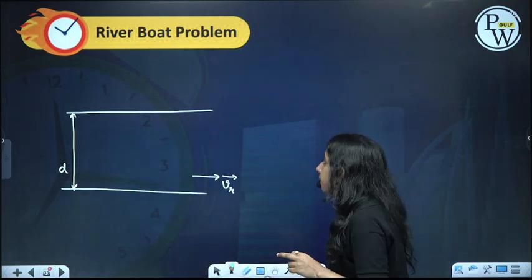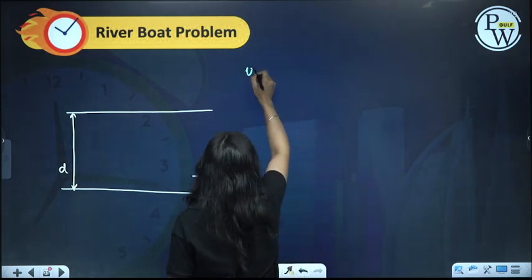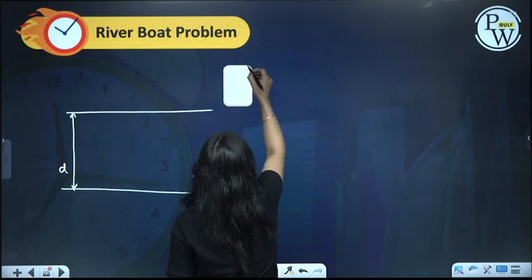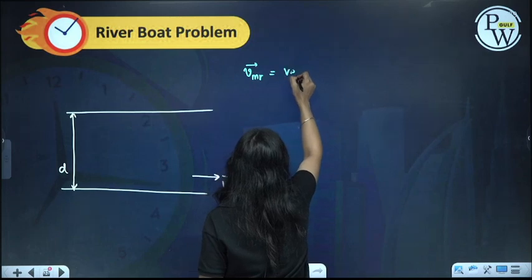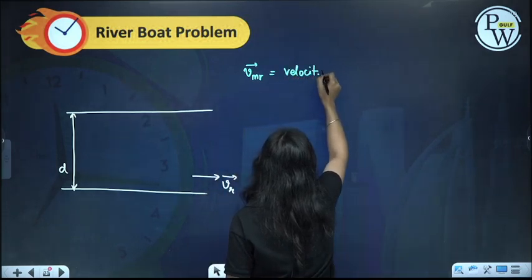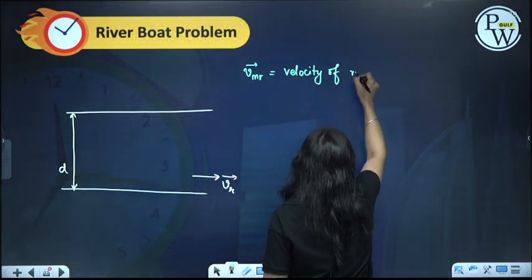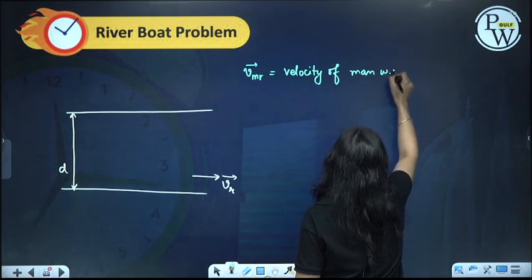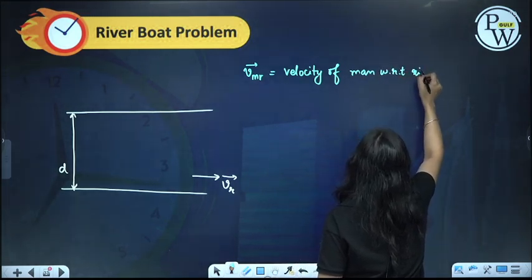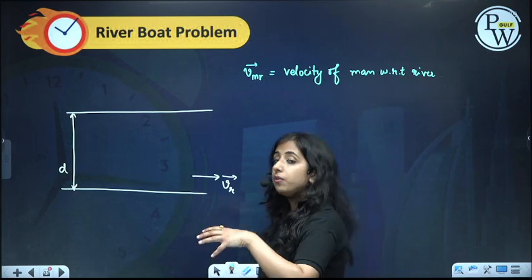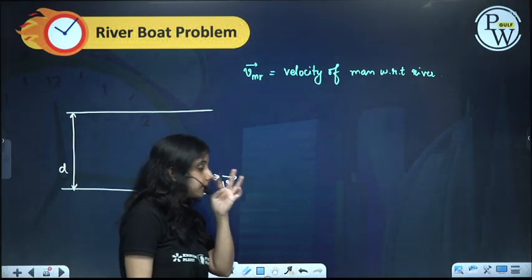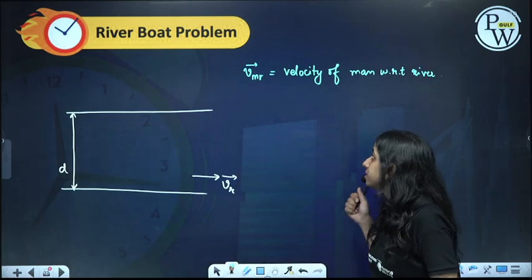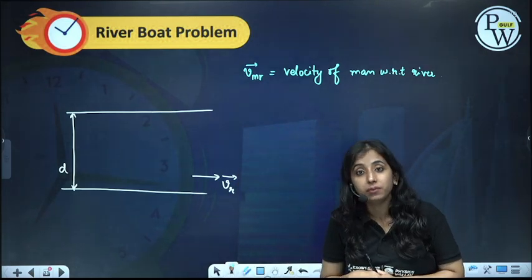Now here we have the velocity of man with respect to river, vmr. That is when river water is still. When the river is not moving, the man can cross this river with the speed vmr.